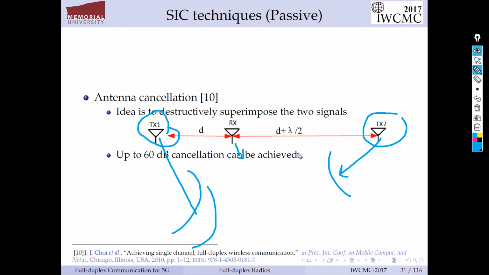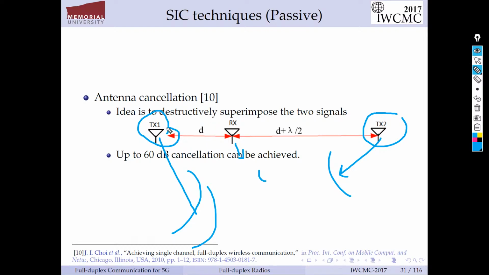Now, what happens from electromagnetic background? When the path difference is lambda over 2, you will receive the signal in the opposite direction.